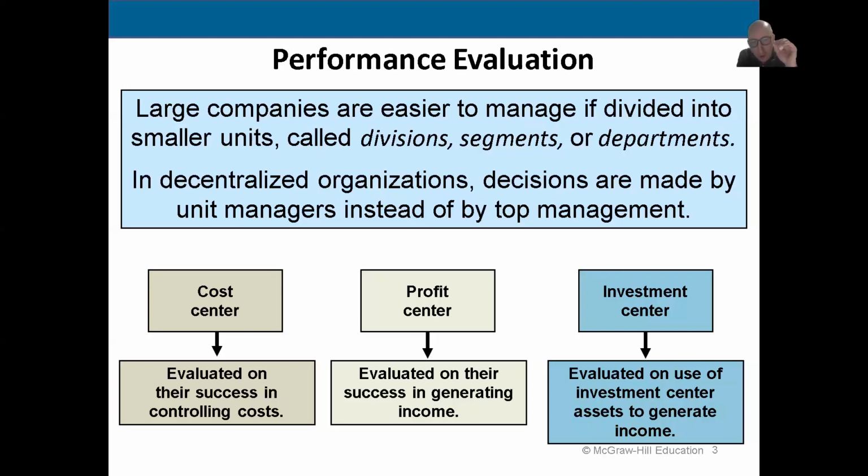Controllable costs are costs that can be controlled by the manager of that department. There are controllable costs and uncontrollable costs. Controllable costs are the costs that can be controlled by the manager of that department. They have the foresight and the oversight of the respective costs for that department. For example, say the Macy's jewelry department has employees.